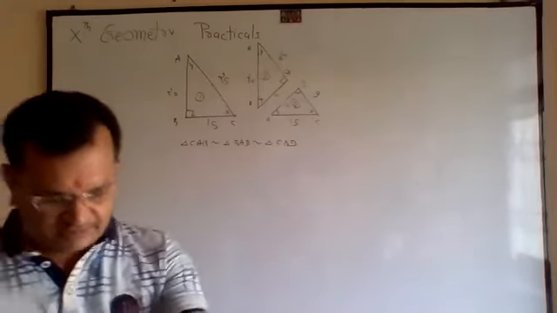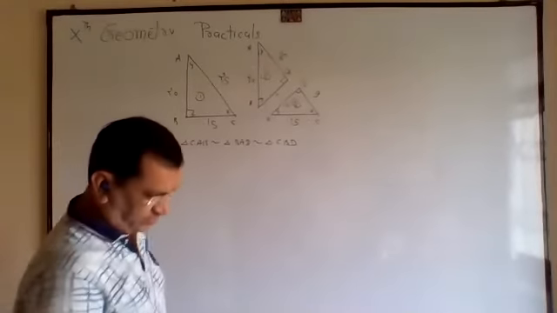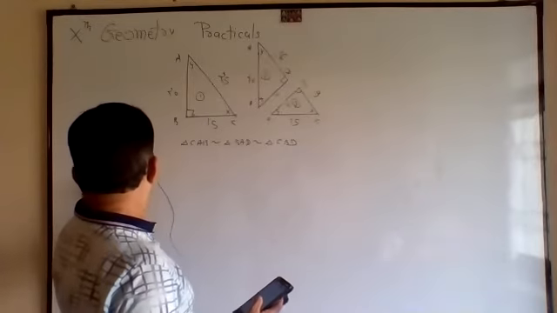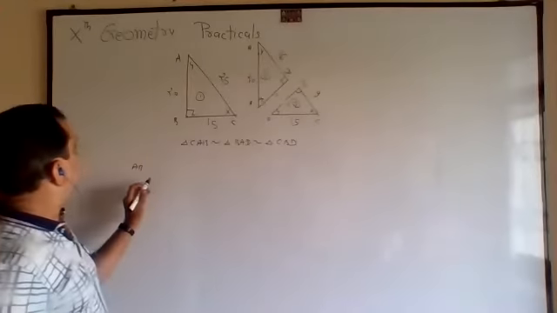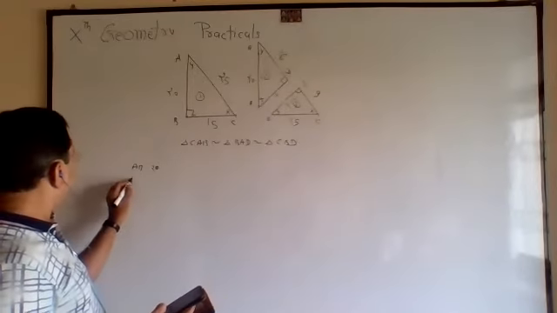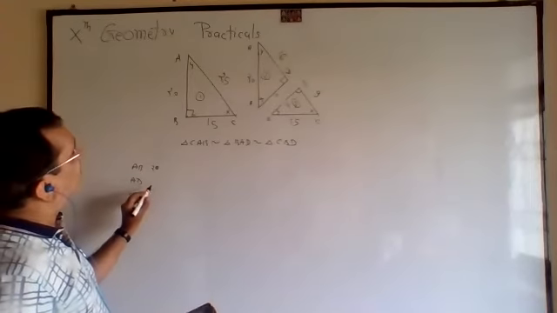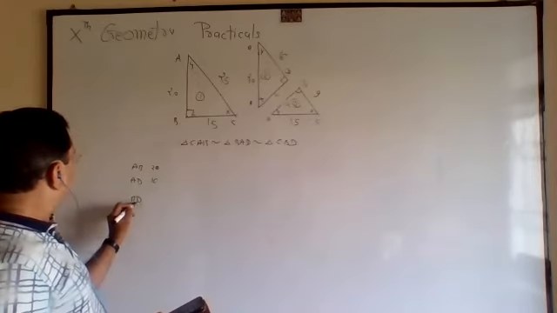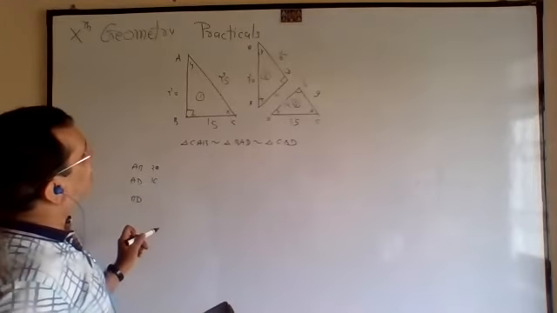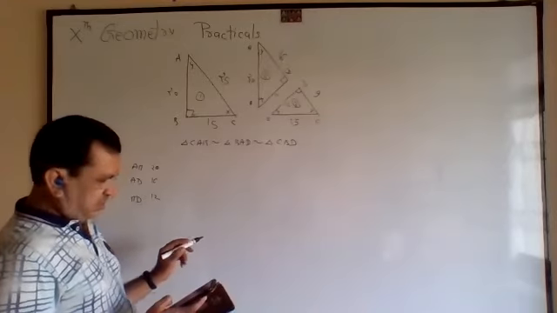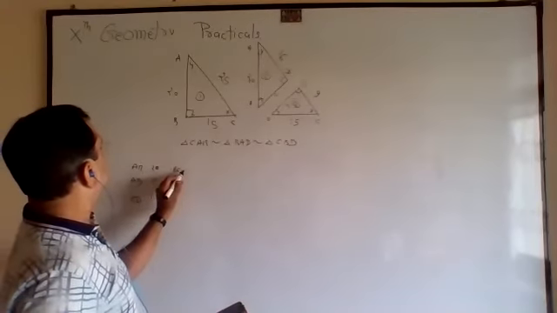Okay, now write. Then it is very easy to write every calculation. AB is how much? AB is 20. Then AD 16. BD 12. BC how much?